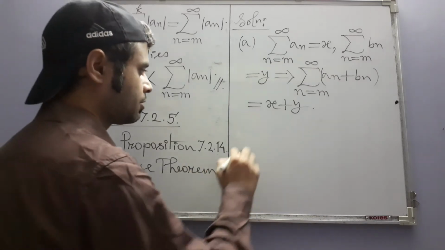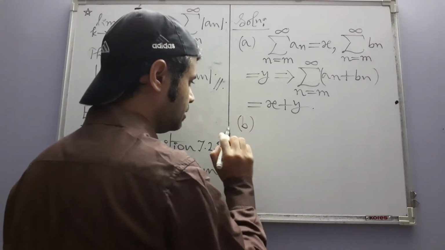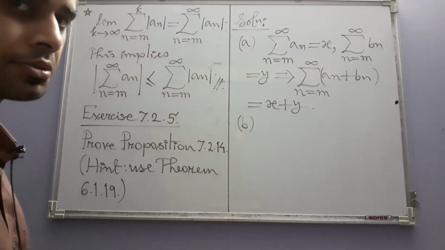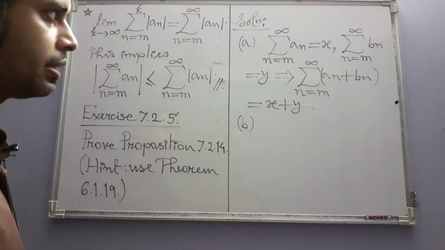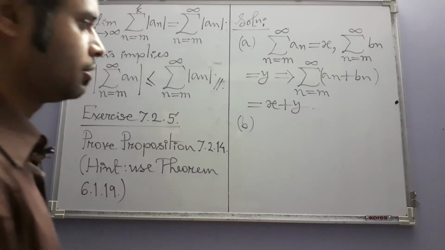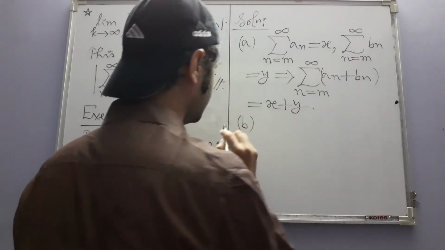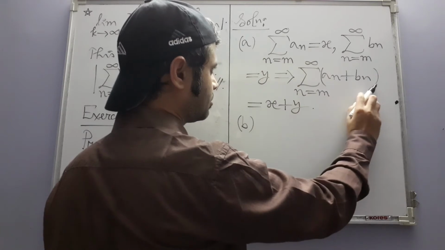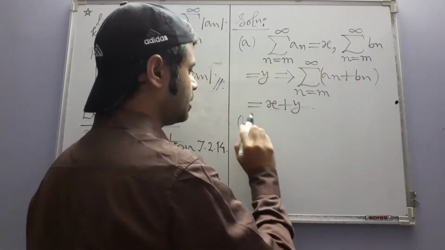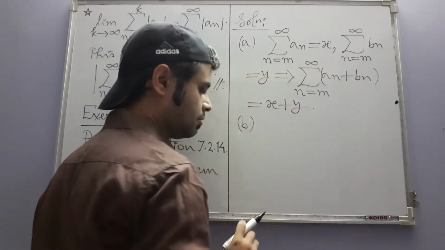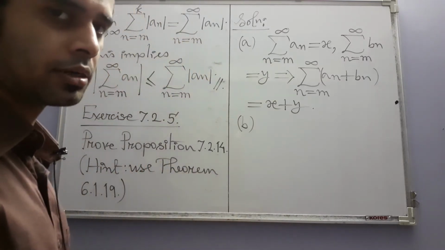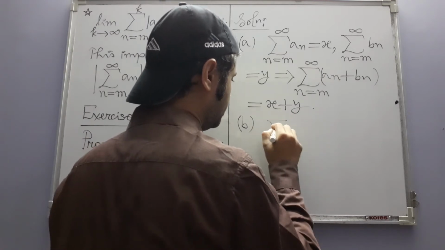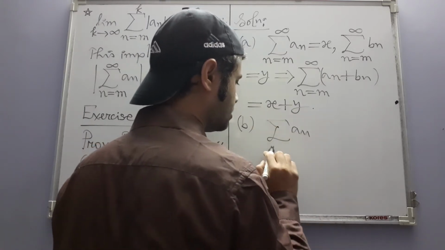Let us write that one also, because B can prove these two things together. Prove means we will just simply mention what has to be done, and it is so easy that nothing much has to be written also. Let us see. In part A we have the sum of two series. In part B we have the multiplication of a series by a real number, that is scalar multiplication. So here again we have an infinite series which is convergent.